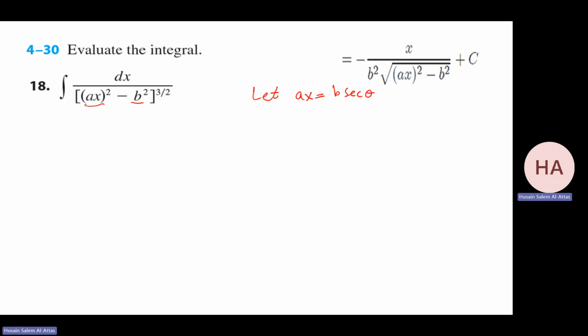This will be my substitution. It works because it will give me b squared secant squared minus b squared, which is b squared times secant squared minus 1, which is b squared tan squared. That gives me b tan under the square root. So x will be b over a secant theta, and dx will be b over a secant theta tan theta d theta.